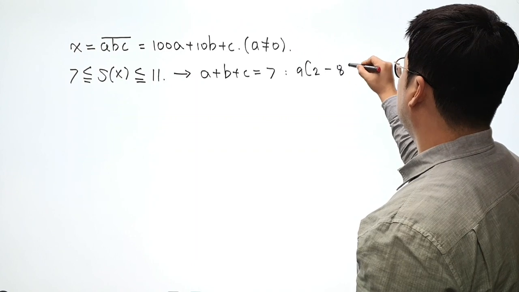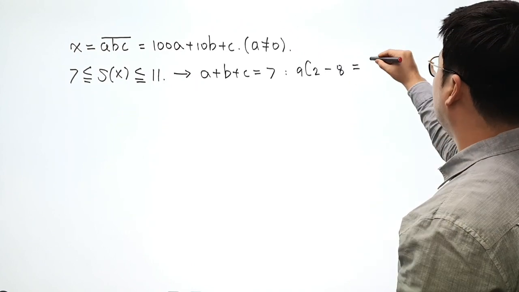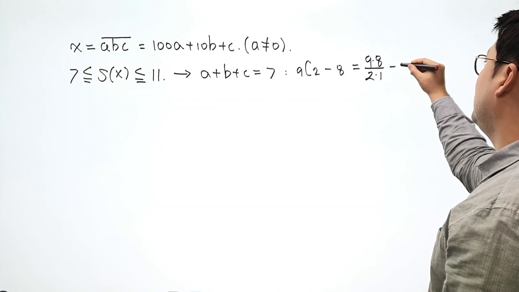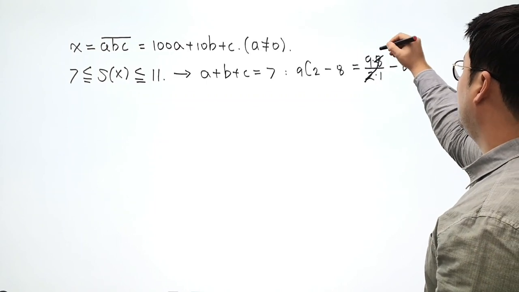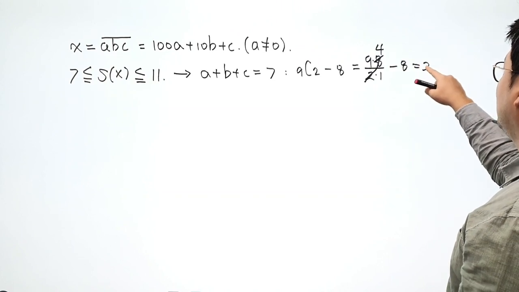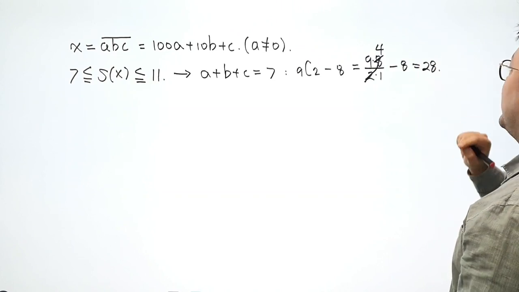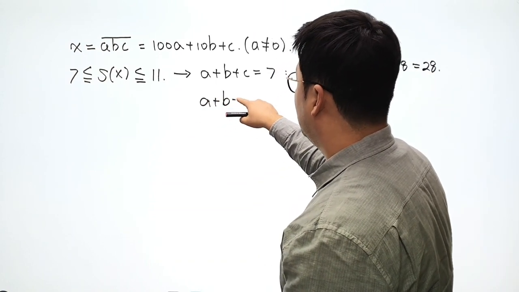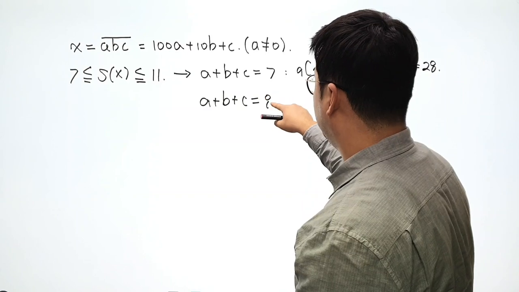So we're going to have 9 times 8 divided by 2 times 1, minus 8. You can cancel out, and we have 36 minus 8, which is 28. Okay, so what about A plus B plus C equals 8?